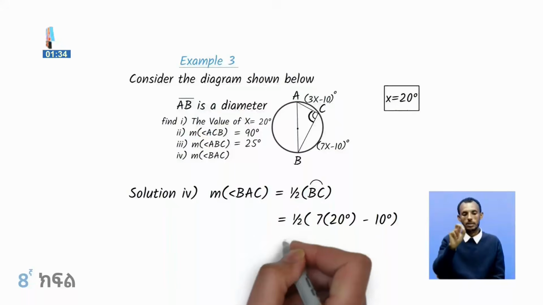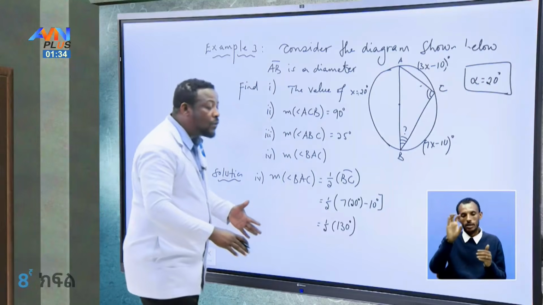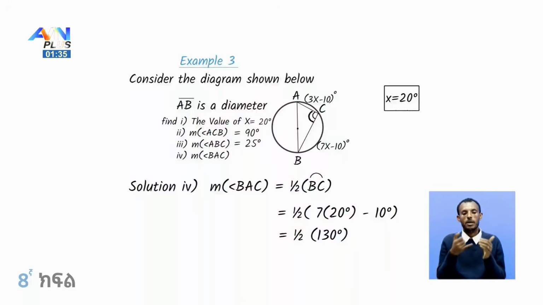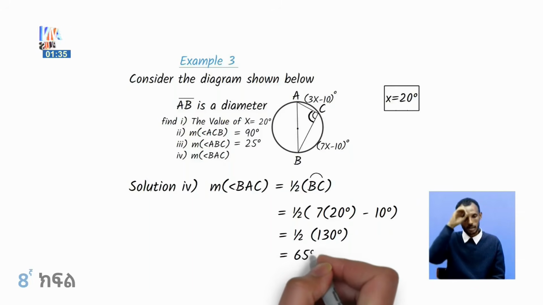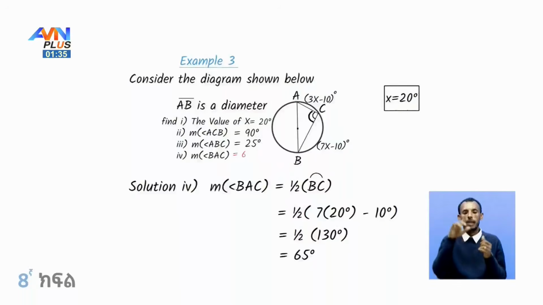So this becomes half of 130 degrees, which is 65 degrees. Therefore, the degree measure of the last one is 65 degrees.